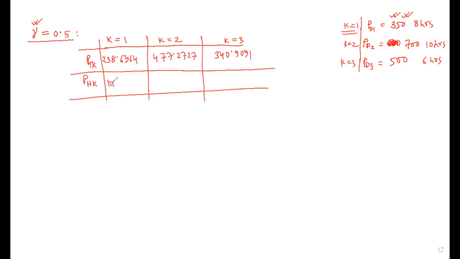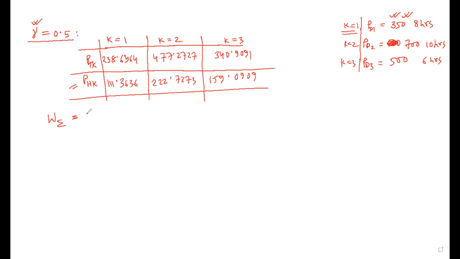PHK: 111.3636, 222.7273, and 159.0909. Since I now know PHK, I can calculate my W consumption, or W summation.